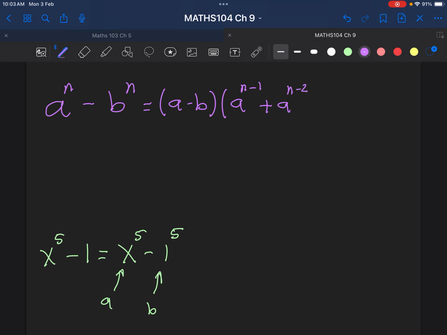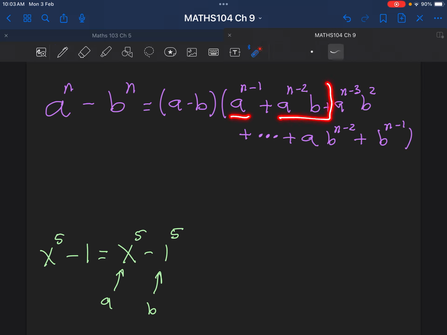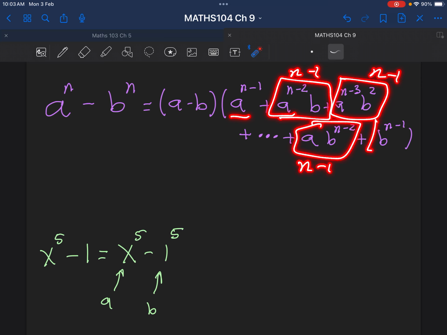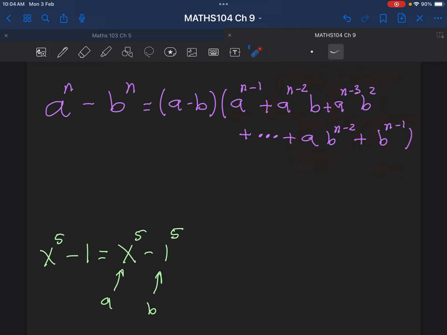So the power of A will get less and less, and you add the power of B. Again, take A to the power n minus 3, the power of B will start to increase, and you continue like this until you have only A to the power of B's, plus B^(n-1). Which means everything here is of power n minus 1.